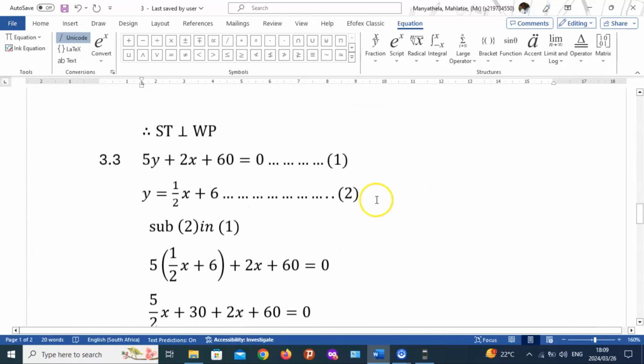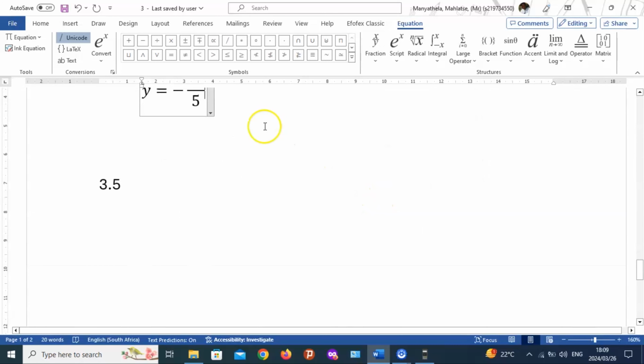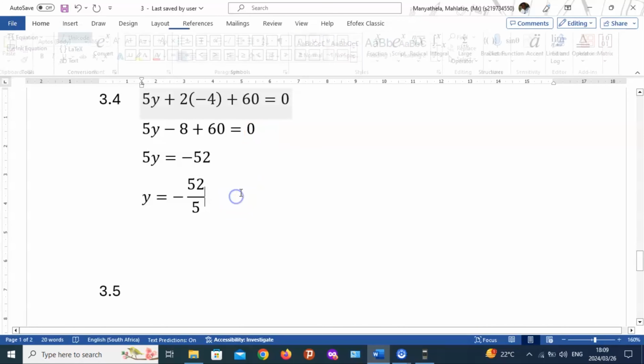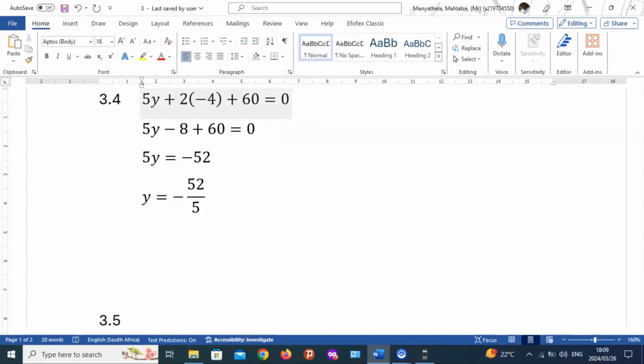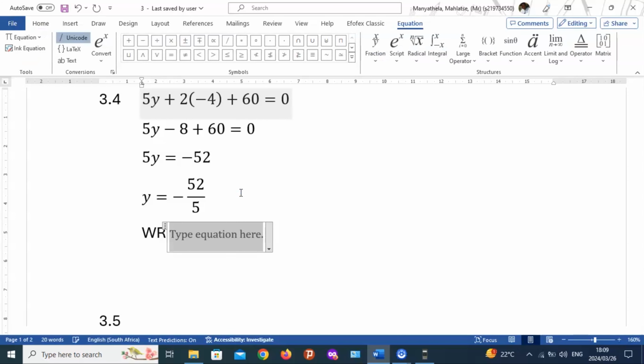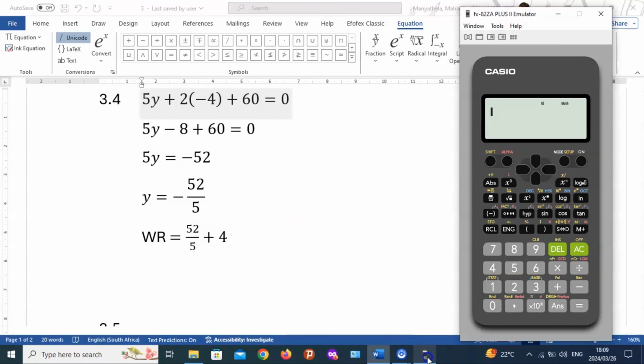So WR will be equal to 52 over 5 plus 4. Let's do it on a calculator: 52 over 5 plus 4, which is equal to 72 over 5.